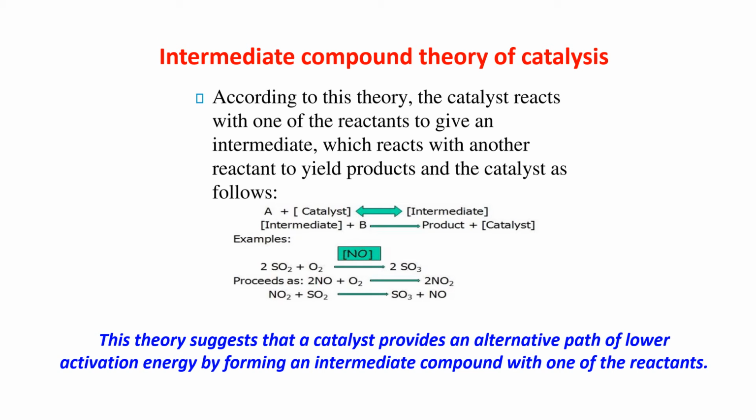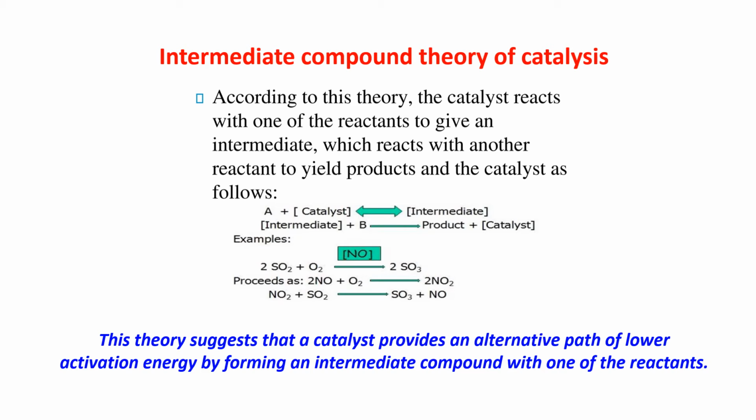According to this theory, the catalyst reacts with one of the reactants first to give an intermediate. Now that intermediate will react with another reactant to yield the product, and the catalyst will come out as it is, because the catalyst is not taking part in the chemical reaction. So how is it happening?